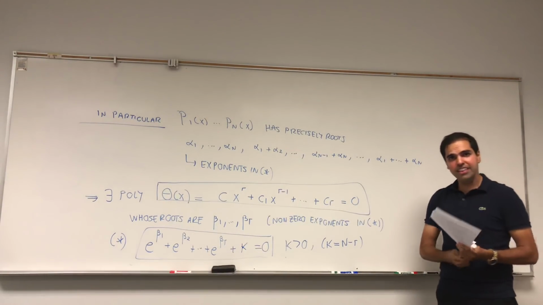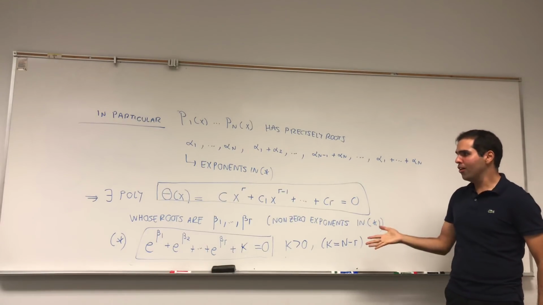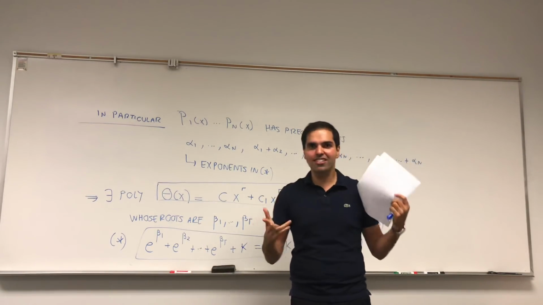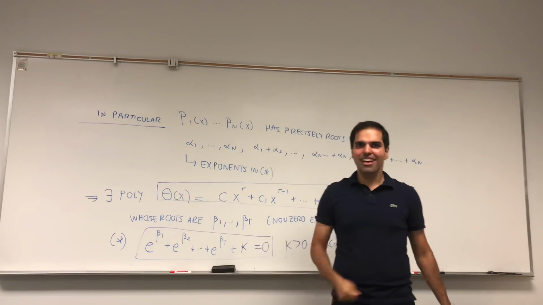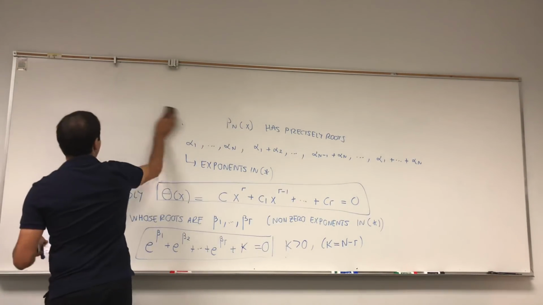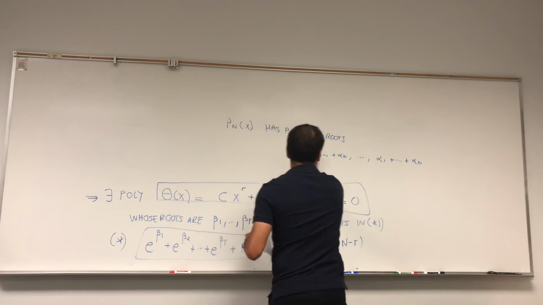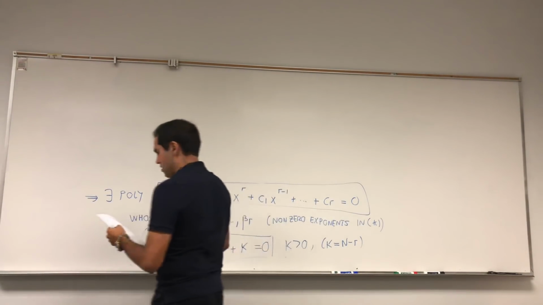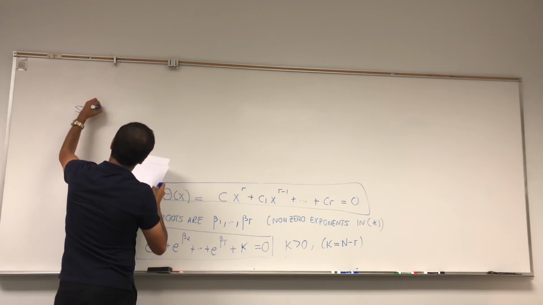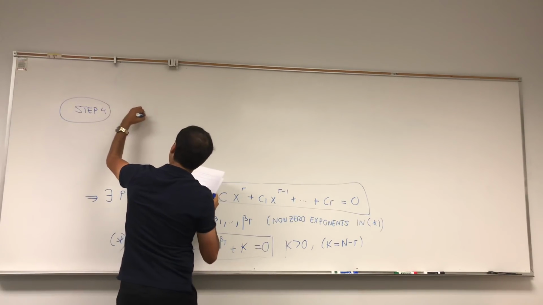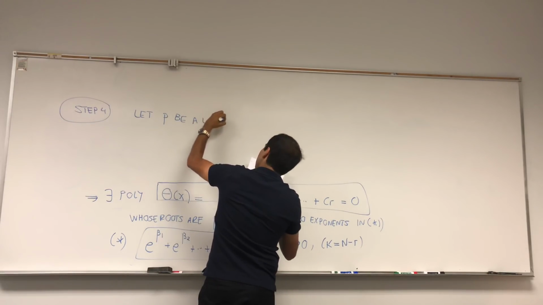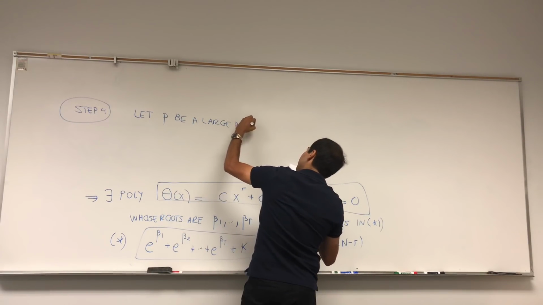All right, and the cool thing is now the rest of the proof will follow just like the proof that e is transcendental. Namely, we want to construct some weird polynomial f, and we're going to take sums of derivatives of terms. So, step 4. Let p be a large prime, to be announced.